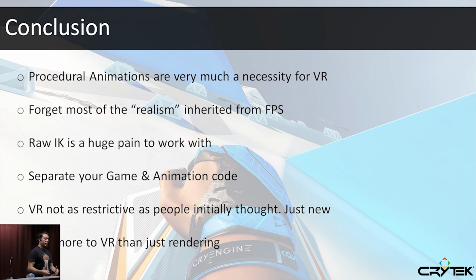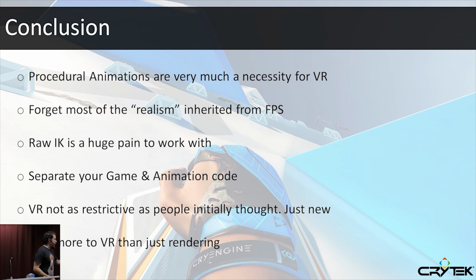The last one, maybe the second one, also not relevant only to VR, is really: separate your game and animation code. Gameplay, AI, animation, audio, physics, all of these are super complex on their own. You do not want to be dealing with bugs early or later in the project where you can't figure out what is wrong. There is usually a major problem once you figure out what is wrong and how to correct it.